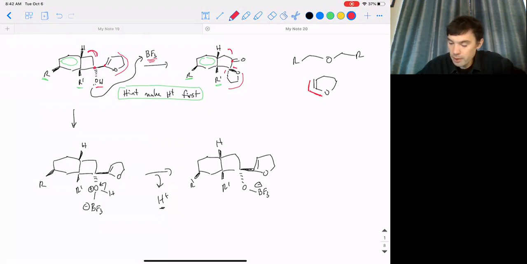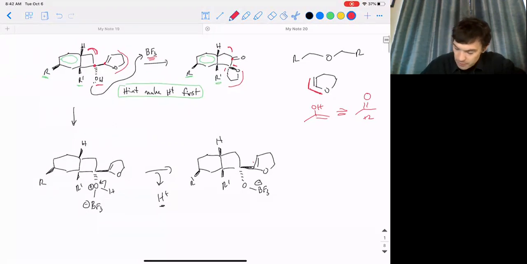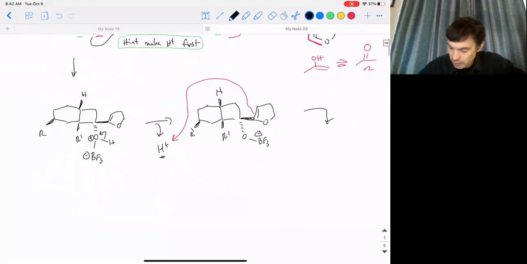And hopefully you can recognize from our keto-enol tautomerization that would be in most textbooks under the ketone chapter that the enol is equivalent to the ketone, and the ketone is at the +2 oxidation state. So overall, this enol ether is going to behave more akin to a ketone. And that's going to be the key step here, because this enol ether is basic not on oxygen, but on carbon. And so we're going to use that to generate.